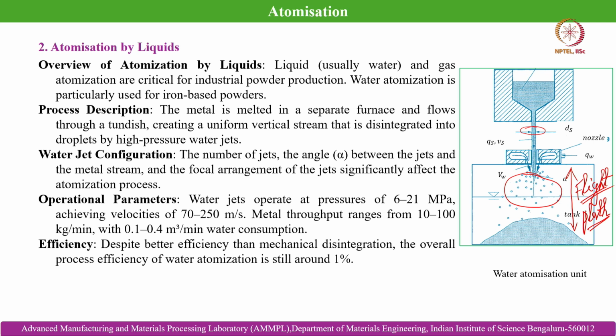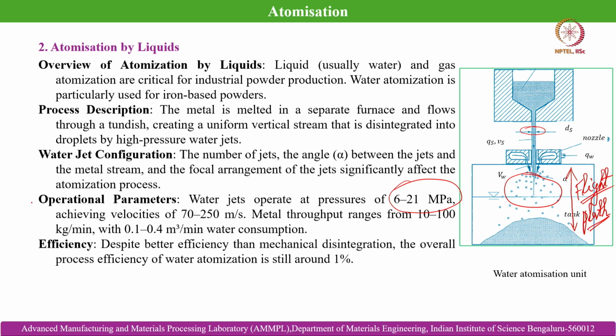Now the operational parameters: water jets can operate at pressures in the range of 6 to 21 MPa, achieving velocities in the range of 70 to 250 meter per second. Metal throughput ranges from 10 to 100 kg per minute with 0.1 to 0.4 meter cube per minute water consumption.